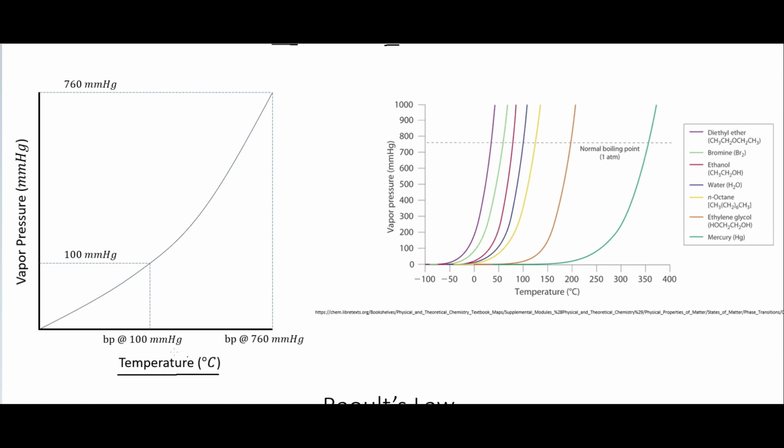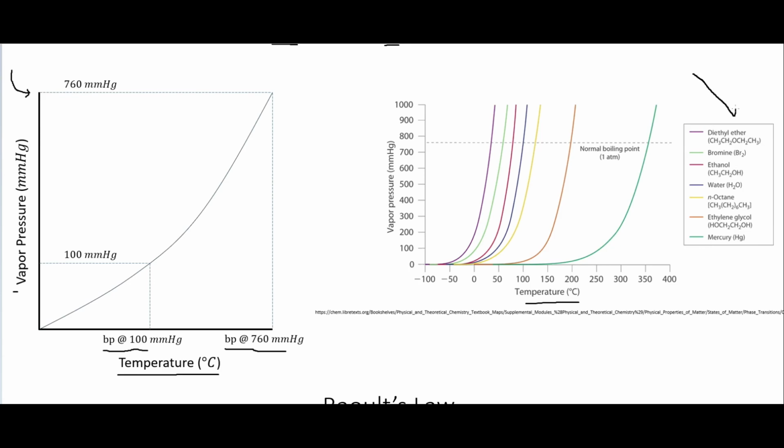So we're changing the temperature here, and this is the vapor pressure. At 100 millimeters of mercury, we would have the boiling point here, and then the boiling point at 760 millimeters of mercury would have a vapor pressure right here. And this is actually some real data here for a few different solvents.